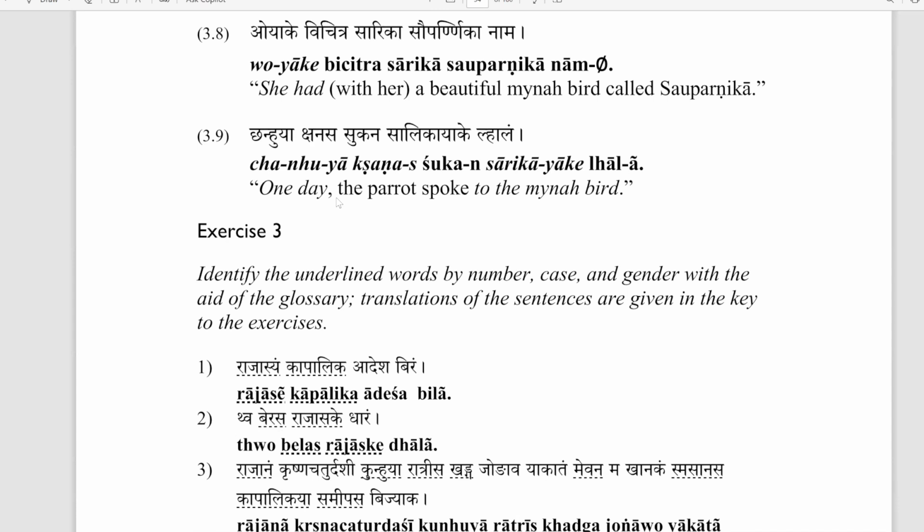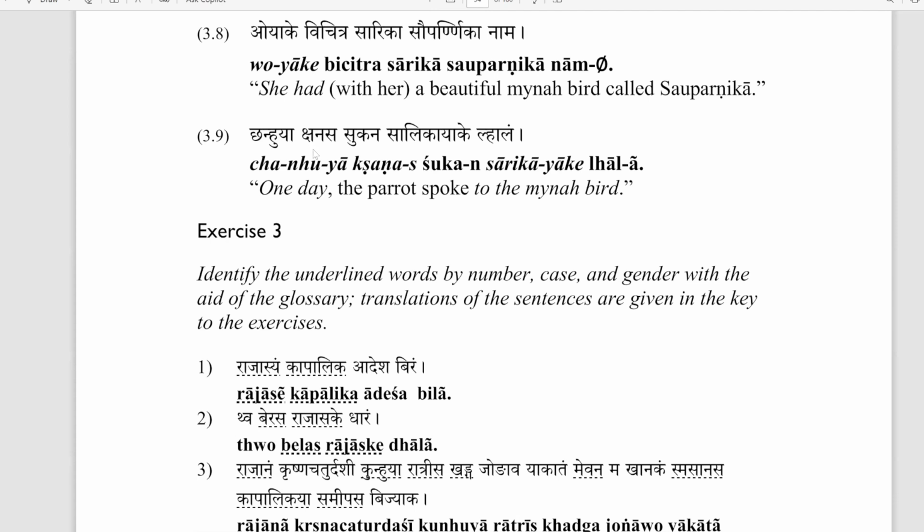And then the next sentence. The words you might not know: one is this nu, this day, like one day, every day. And the kshana, this is also Sanskrit, like one moment. Kshana, moment.